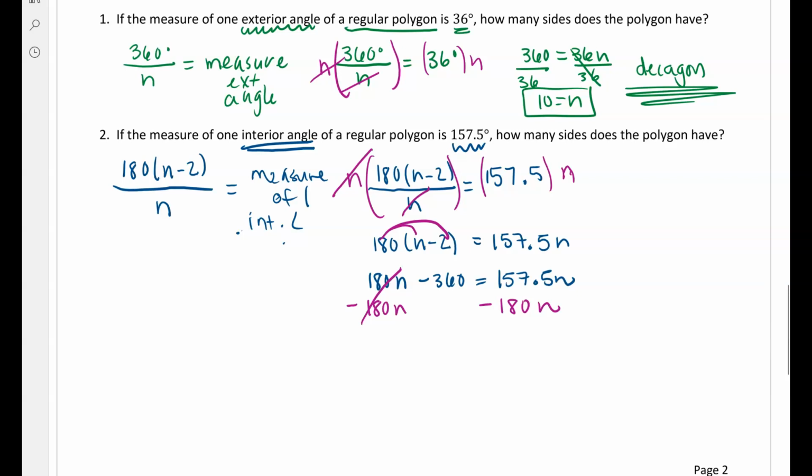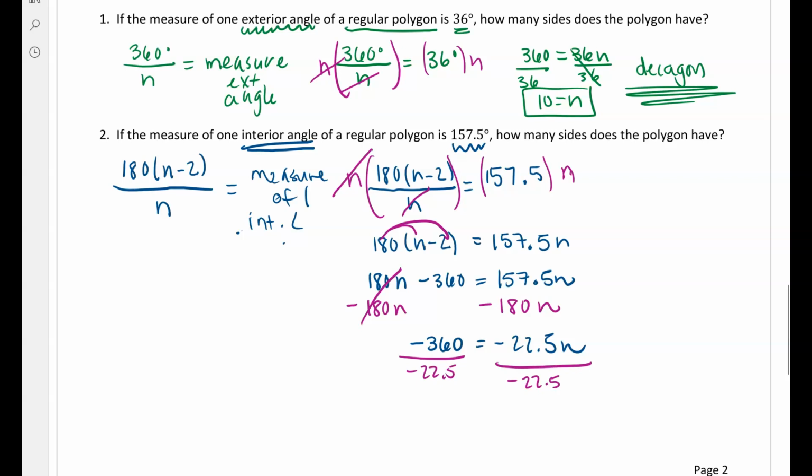And remember, this 360 on the left is still negative because it obviously won't make sense if we get a negative value for n. We can't have a negative number of sides. All right, so negative 360 equals negative 22.5n. And then lastly, if we want to solve for n, just divide both sides by negative 22.5.